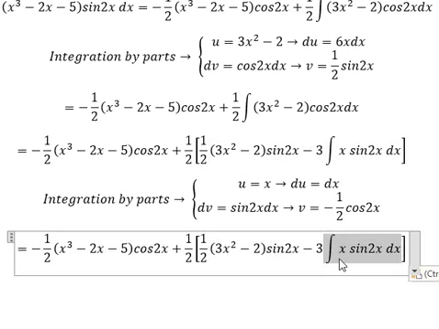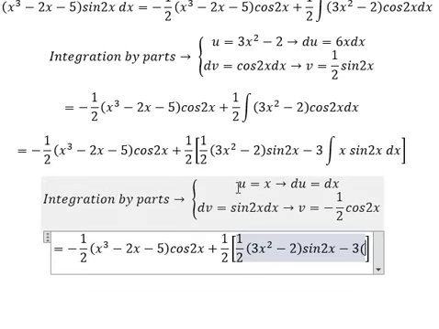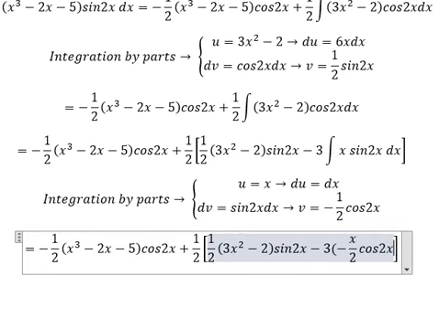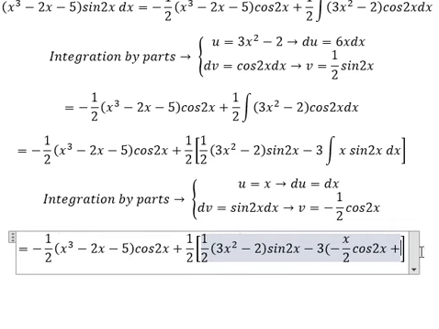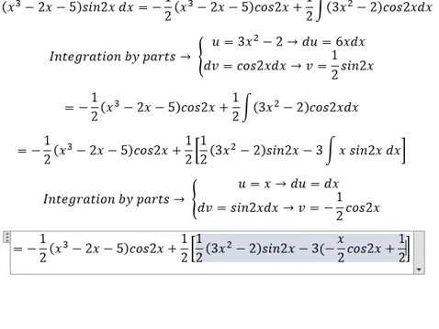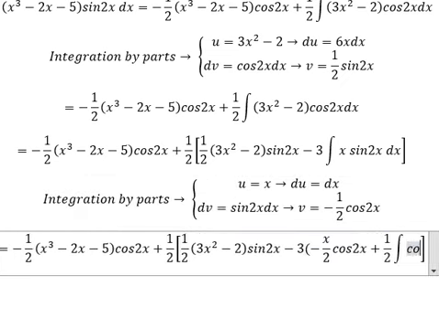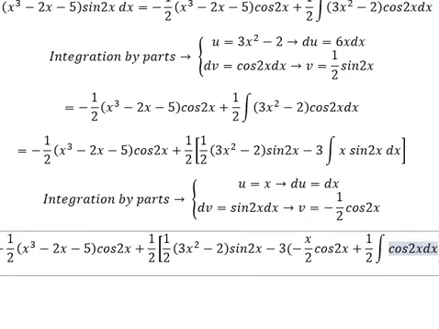This one in here, we have u multiplied by v. So you go negative s over 2 cosine 2s. Because we have the negative in here and we have another negative in here, that's why you go positive. And we have 1 over 2. And we have du multiplied by v, and that's the integration cosine 2s ds.